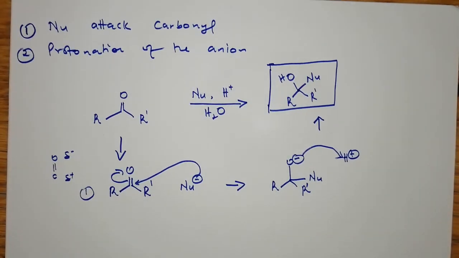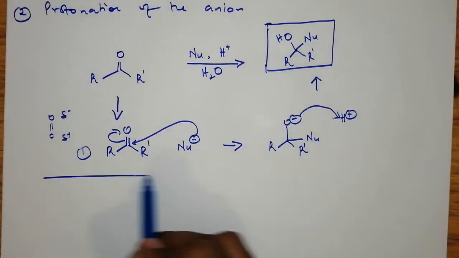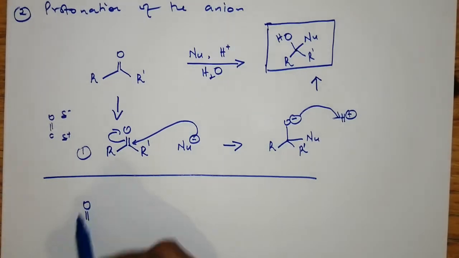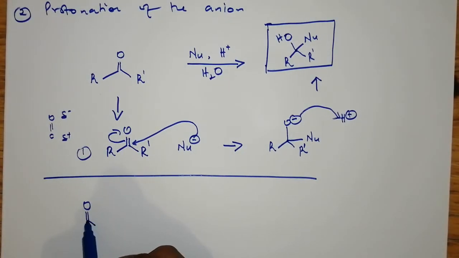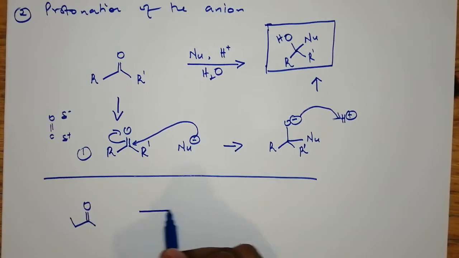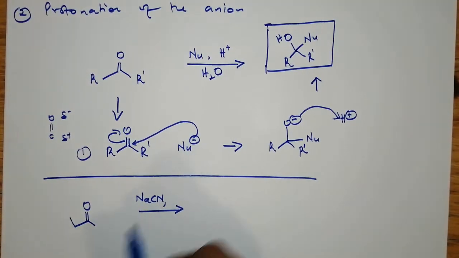Let's look at a real example now. Let's say we've got something like this, 1, 2, 3, 4. Something like this, and then here we are adding sodium cyanide.